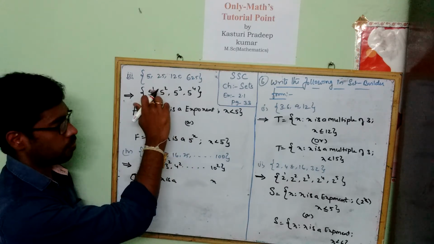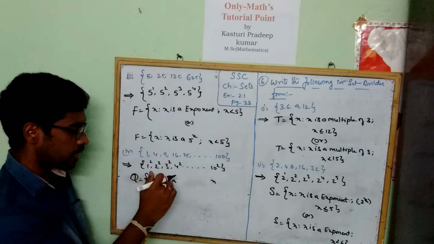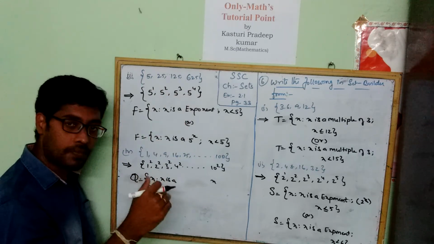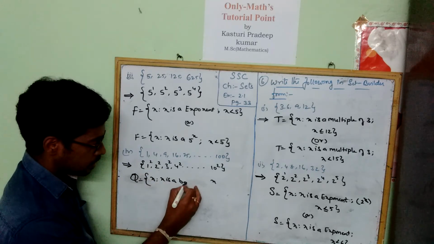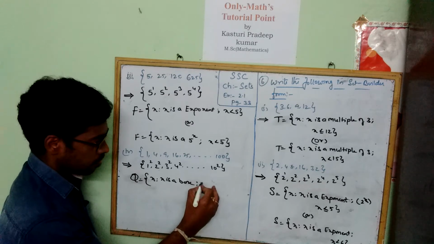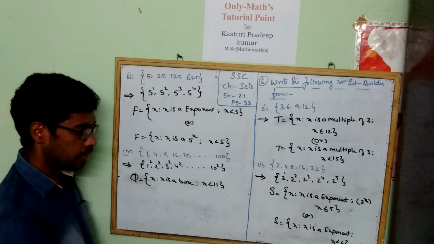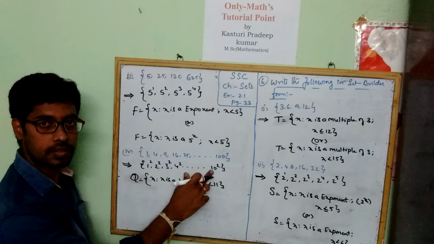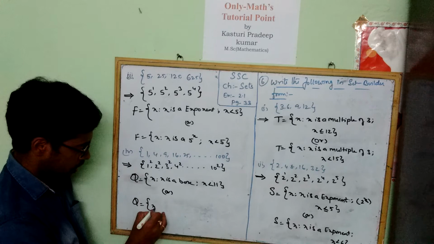It was differing for differing powers, not the base, but in this case it is differing base, not powers. So x is a base, and x less than 11. Understood what is 11 here?